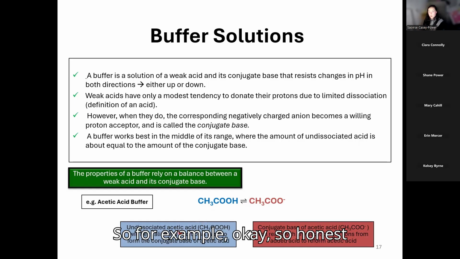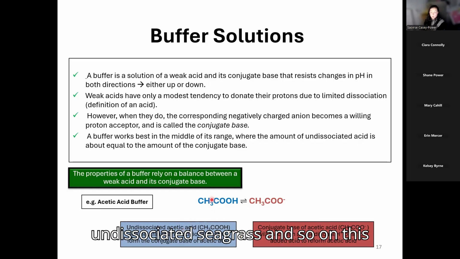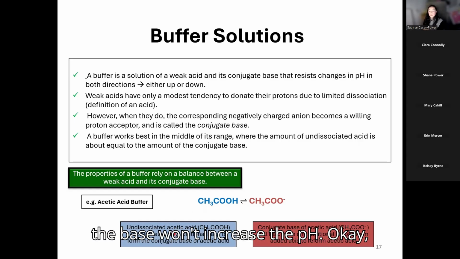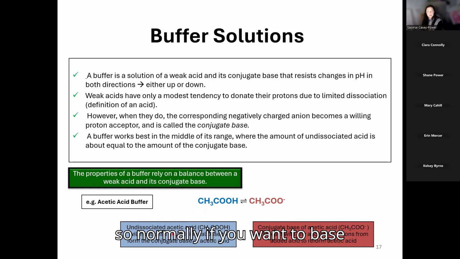For example, with the undissociated acetic acid, the blue box, if I were to add any base into that buffer solution, my acetic acid will neutralize it straight away. So the base won't increase the pH.